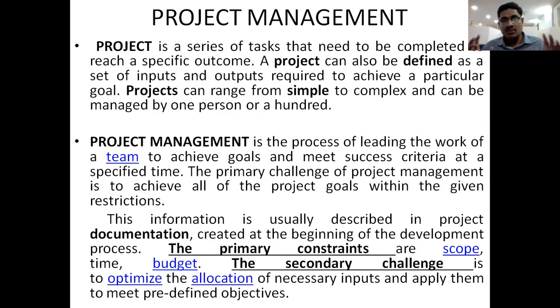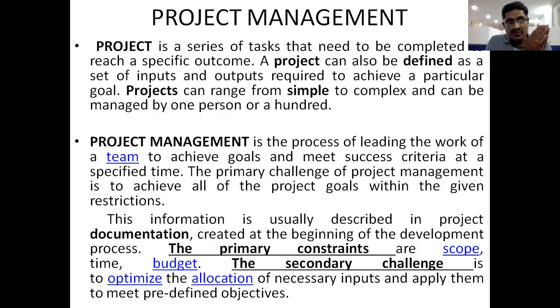In a proper manner, we use the contract, with proper utilization of inputs and outputs, proper planning, a time limit, and a budget or allocated amount. By using all this, we can develop our project. That is called project management.